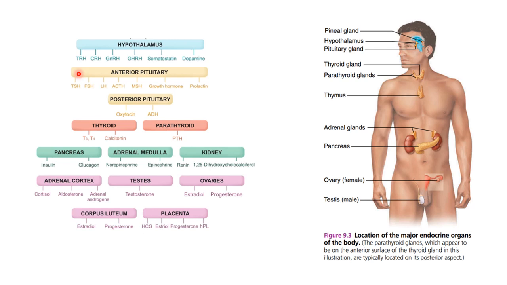So you can think of it this way, that the hypothalamus releases hormones that stimulate the secretion of hormones by the anterior pituitary gland.